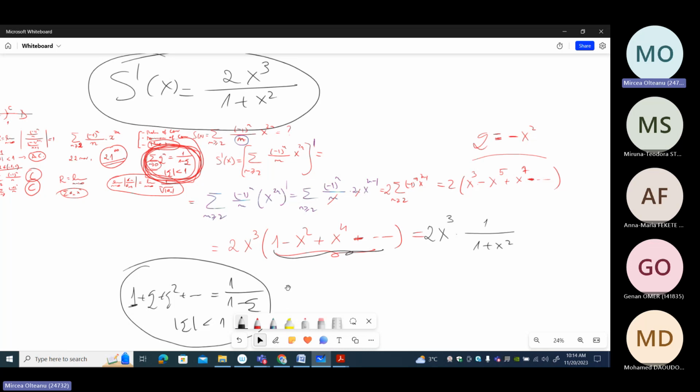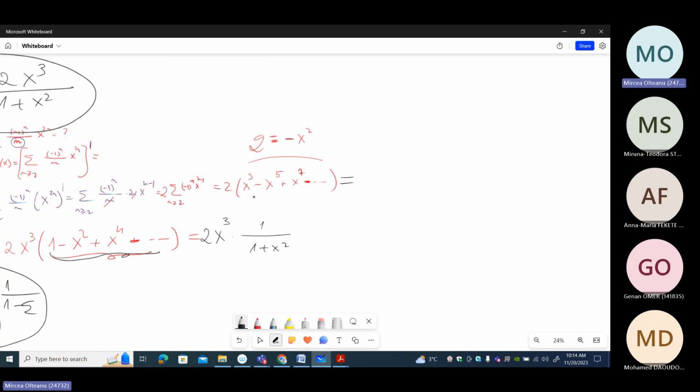Another way to do the same is the following. Here, add and subtract the missing terms. 2 times what? 1 minus x plus x at 3 minus x at, sorry, here, no. We have x missing, yes, and then you have to subtract minus x, the one you added, and okay, the same result.